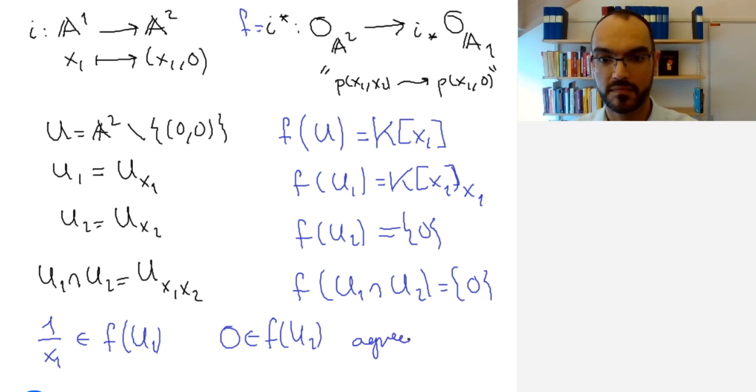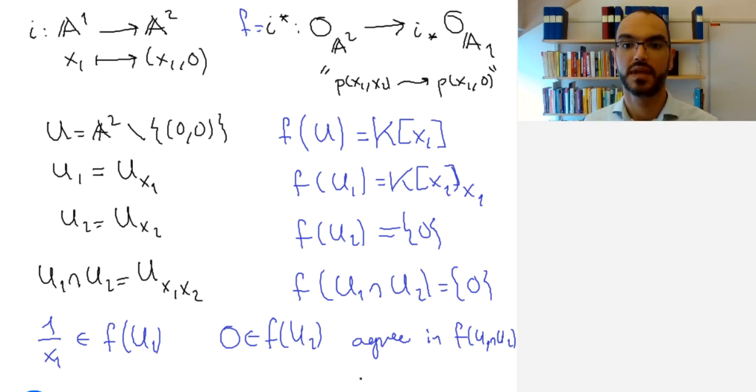So they agree in F of U1 intersect U2, but they do not come from one and the same global function.